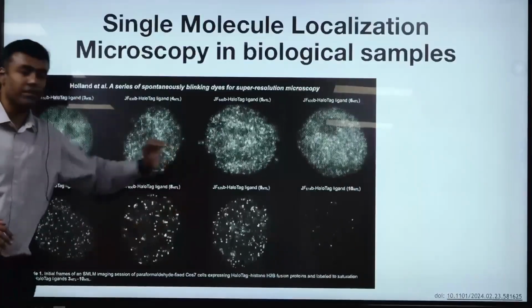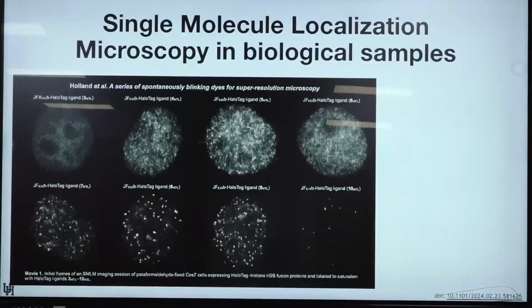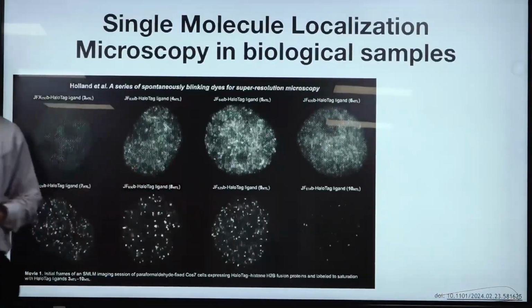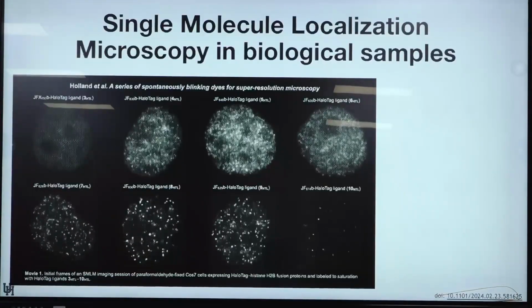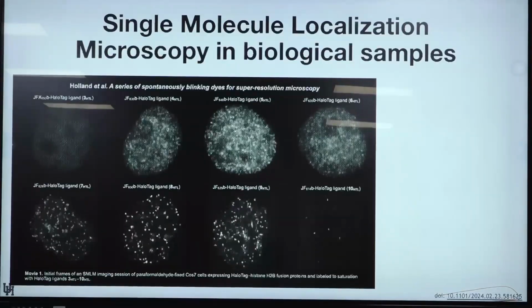This is actually real-world biological samples, from the paper that they showed. You can create these blinking fluorophores. It could be induced by some external excitation, like an activation beam, or it could be naturally blinking fluorophores.